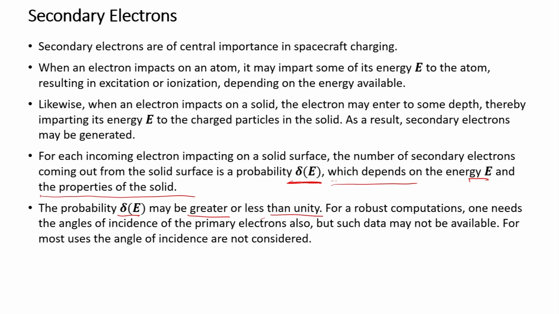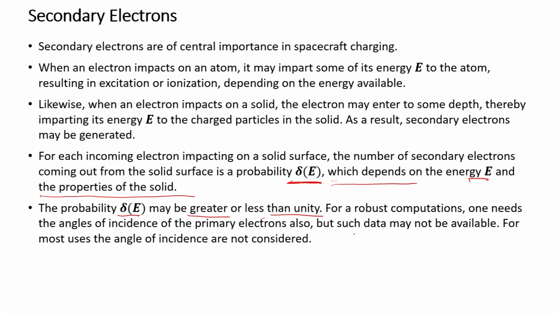We will see what the impact is if it is less than or greater than unity. For robust computations we also need the angle of incidence of the primary electron, but getting that data may not always be possible.